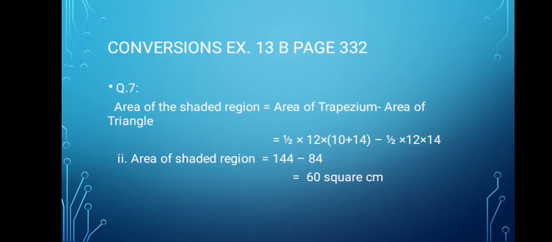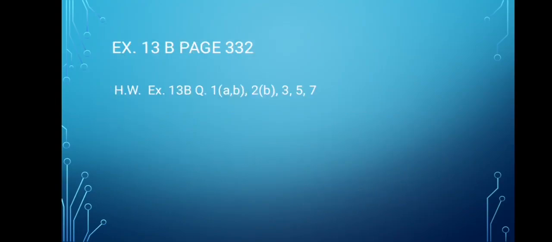Now if you work out the area of trapezium, you will get 144, and minus, if you work out the second part, which is the area of the triangle, you will get 84. You have to go for cancellation, okay? After that, you have to subtract 84 from 144, and this is going to give you 60 square centimeters. So the area of the shaded region is going to be 60 square centimeters.